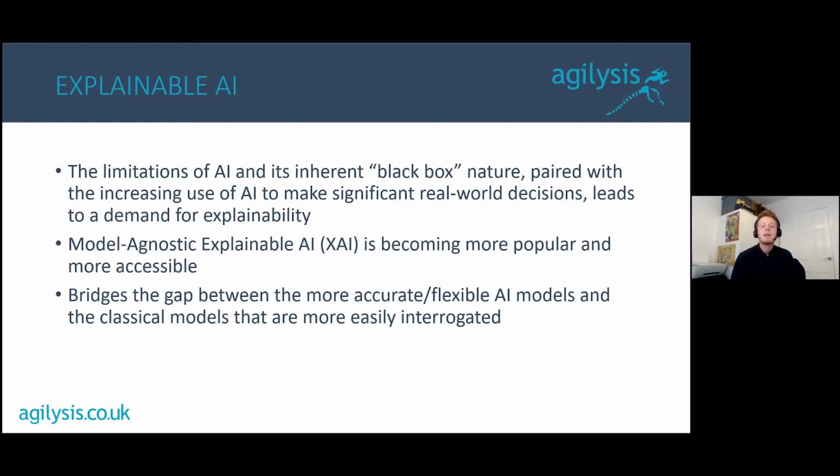This is bridging the gap between two very important things George was saying: you've got really accurate AI modeling, but it's difficult to interpret, whereas classical models have coefficients that you can interrogate. We need to make the best of both worlds here.